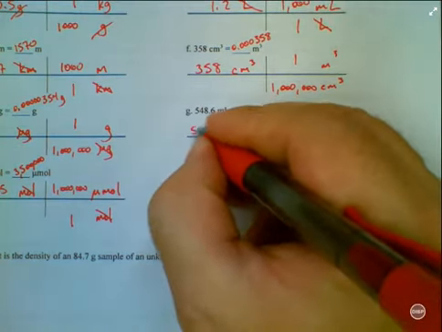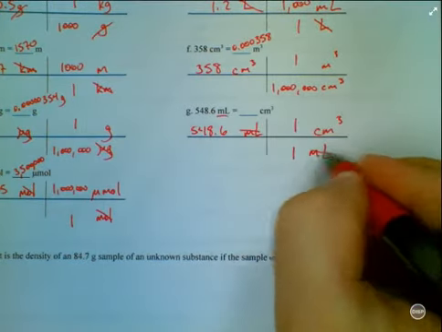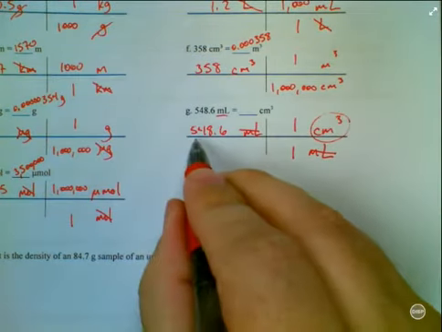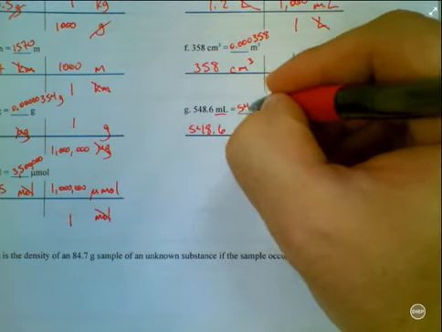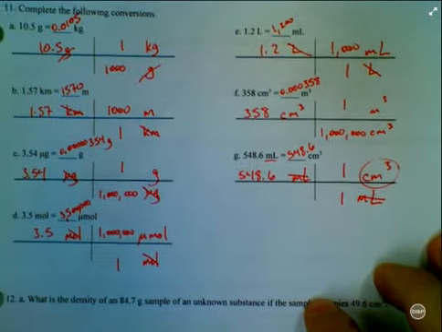Question gives us 548.6 milliliters. Milliliters will cancel. My only unit left is going to be cubic centimeters, and so this value times 1 divided by 1, well, the value doesn't change. So 548.6 cubic centimeters.